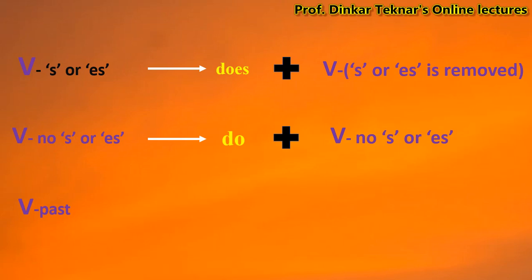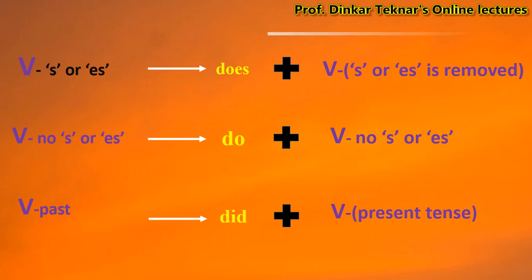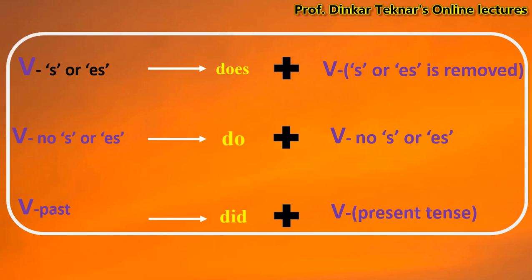When the main verb is in past tense, the auxiliary verb did is used and the main verb is changed into present tense. Study these three rules of using does, do and did.